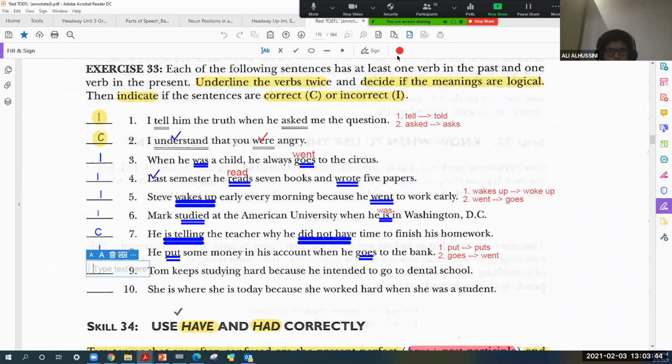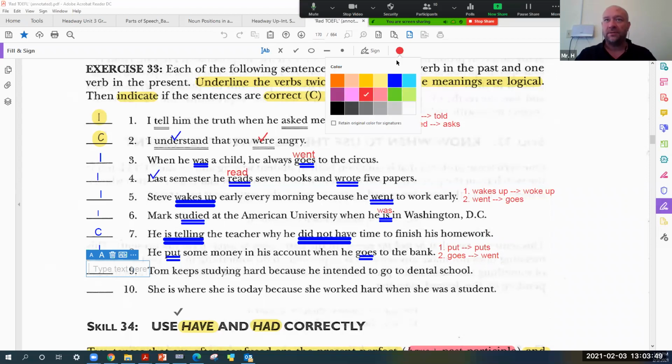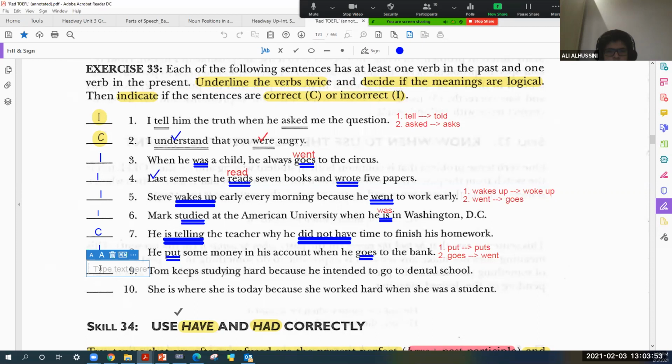Don't read it. You just tell me, is it correct or is it incorrect? I think it's incorrect. You say it's incorrect? Yes. Does everyone agree? Yes, I agree. Tom keeps studying hard because he intended to go to dental school? I think it's correct.